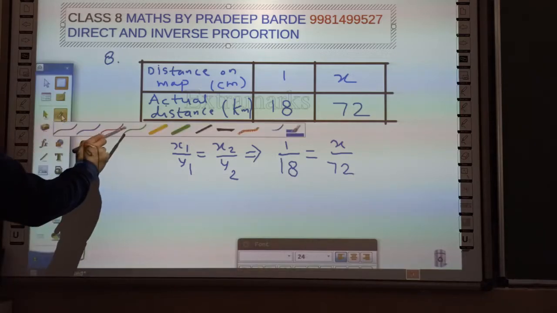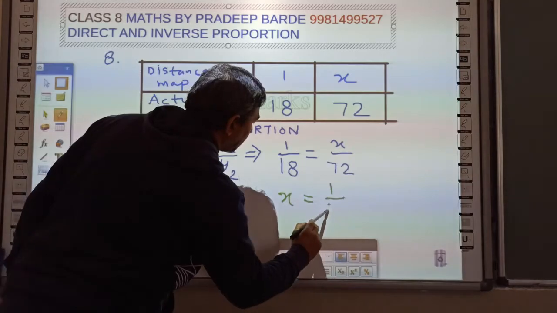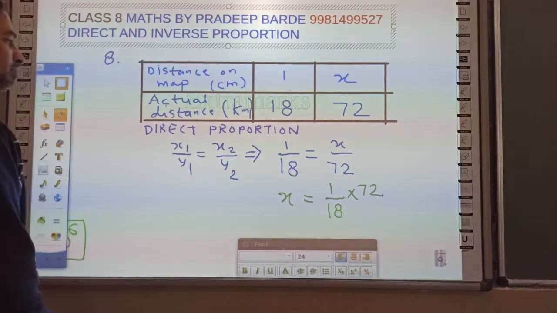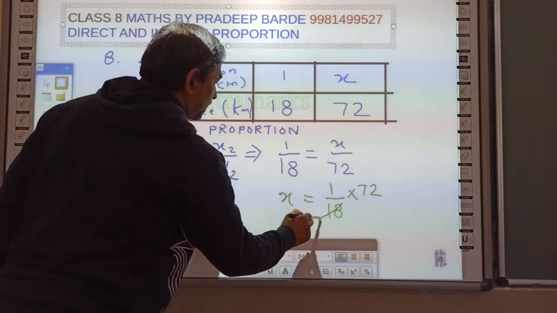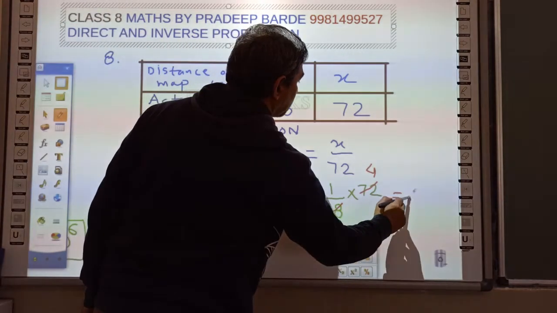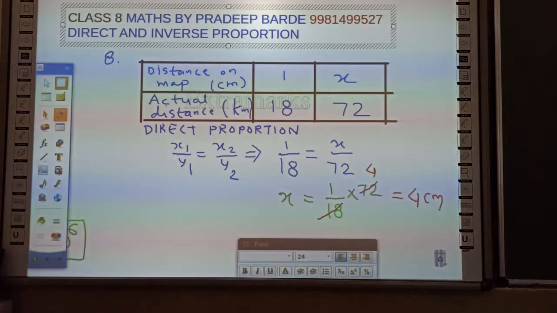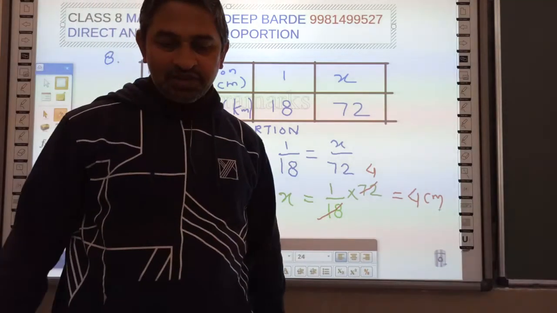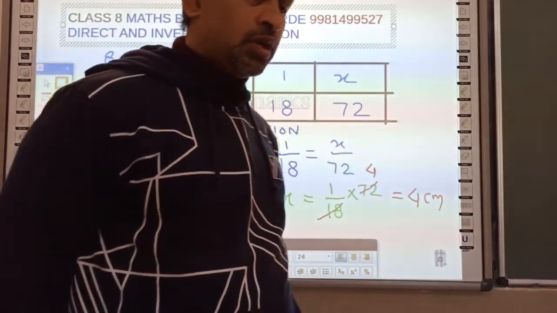So here we get x is equal to 1 upon 18 into 72. Cancel it out. 18 4s are 72. So this is equal to 4 सेंटीमीटर. x किसमें था? सेंटीमीटर्स में. सो शी रिप्रेजेंट्स 72 किलोमीटर डिस्टेंस as 4 centimeter on the map.